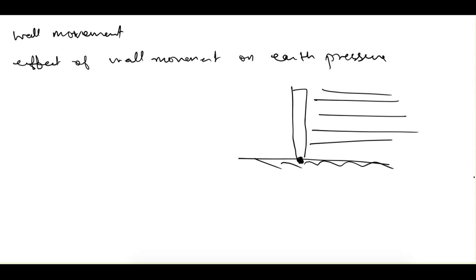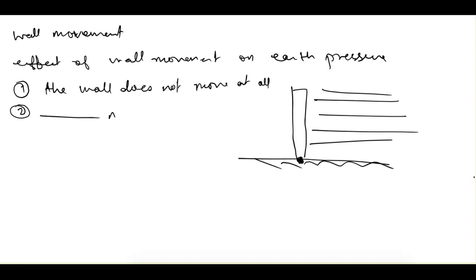So after the construction and after filling this backfill, the first case can be the wall does not move at all. Second case can be the wall moves away from soil.